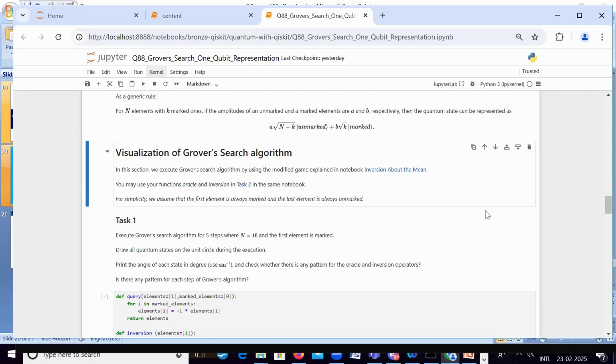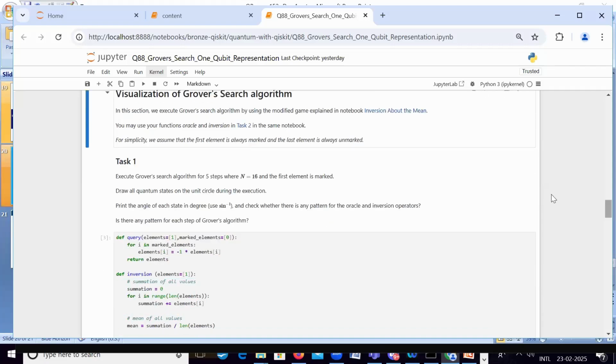The 9 different tasks were executed to understand the inversion about mean and its uses. Now you can think about the oracle function and the inversion. We did the simple inversion or multiple inversion functions there, and now we are going to check further with the oracle function.